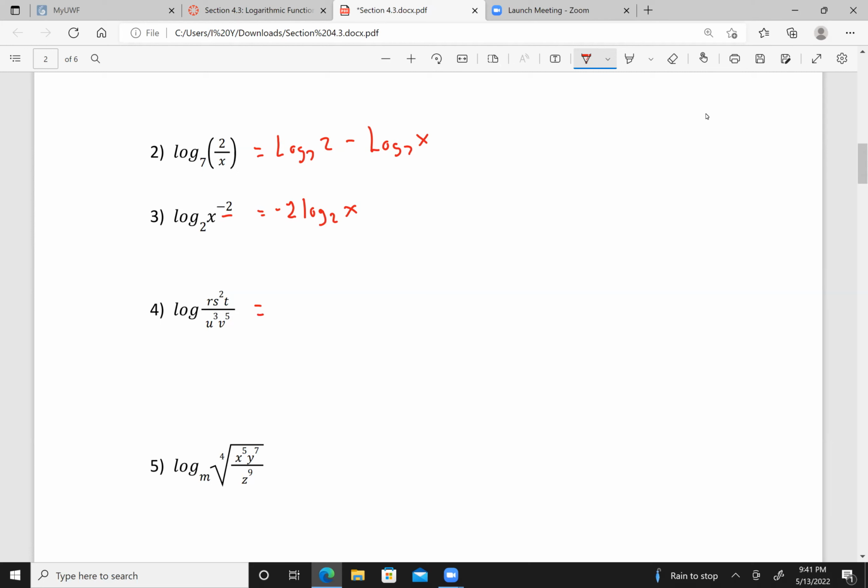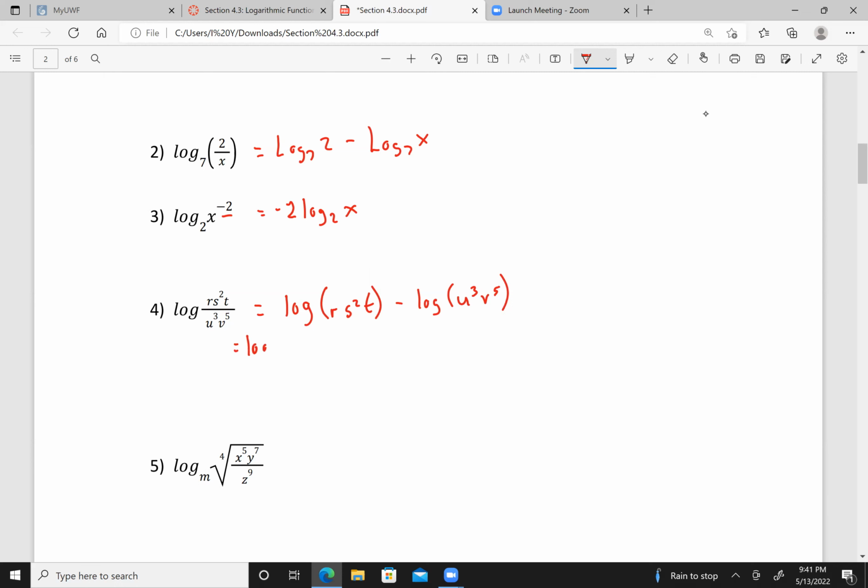So we have multiplication, we have division, we have multiplication again. So let's break this down to the log of r s squared t minus the log of u cubed v to the 5th. Now you got to be careful on this.